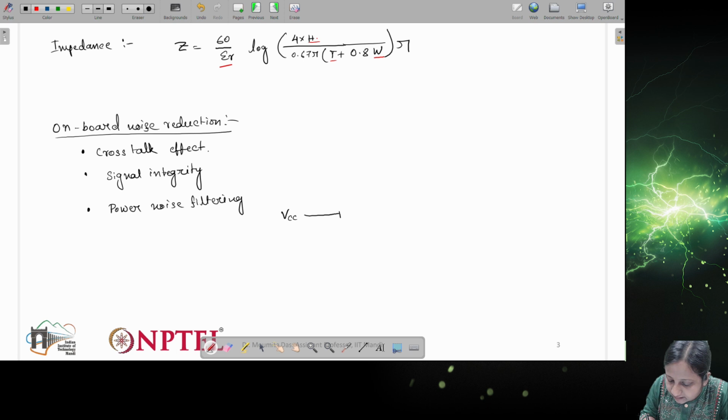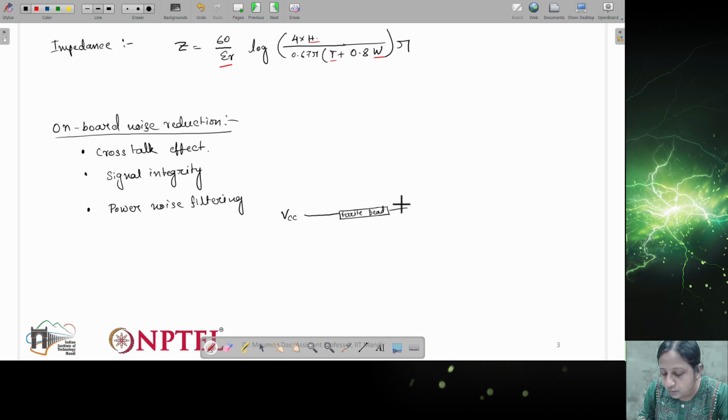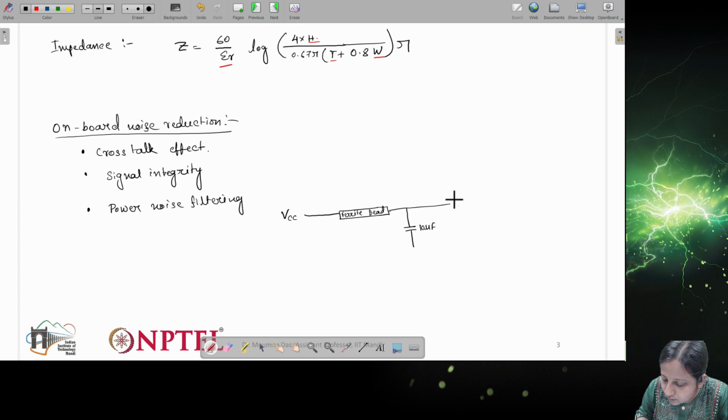The LC filter generally has a ferrite bead, and then it is connected close to the C. The C is generally in the range of 10 microfarad, and then the output will be connected close to the PCB board.